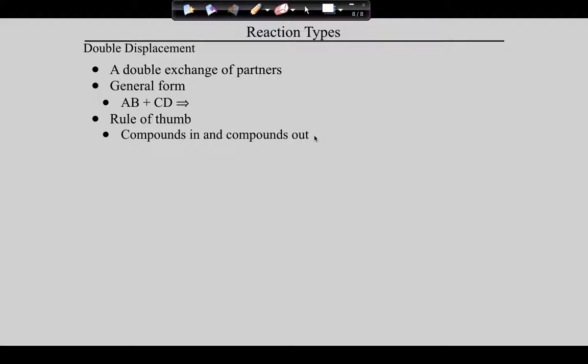So now, guys, let's take a look at an example. Unfortunately, this is not the double displacement reaction that you're going to do in lab. The reason is the lead. Lead is really hard to get rid of. We can't dispose of it easily.